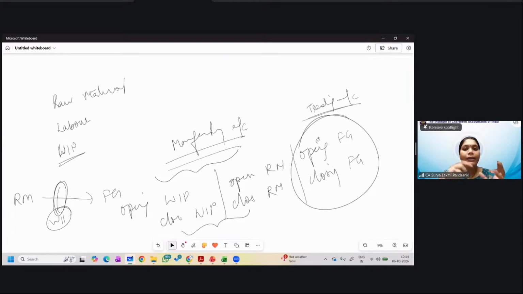All those expenses will be added, and then you finally determine the cost of production. That cost of production is transferred to the trading account to see how many finished goods we have in the beginning, how many in the end, and how many we sold. In the trading account, we will mostly not have any expenses other than the cost transferred from manufacturing, rest all comes from the manufacturing account, other than the finished goods.